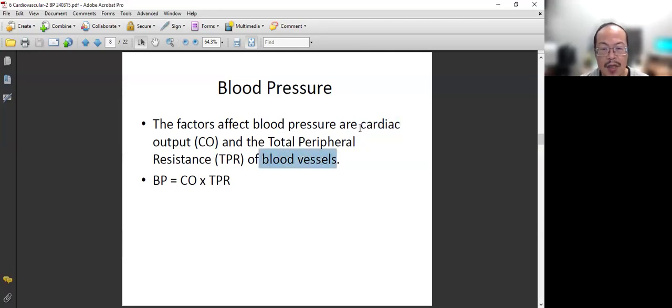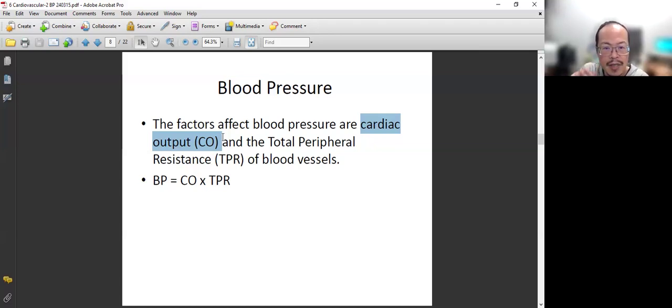For the heart, the factor that influences it is the cardiac output. We talked about cardiac output already, and we are going to talk about it again. The amount of fluid that gets out of the heart each time is the stroke volume, and you can pump it very fast, so heart rate. Cardiac output equals stroke volume times heart rate. The other one is vessel size, so diameter.